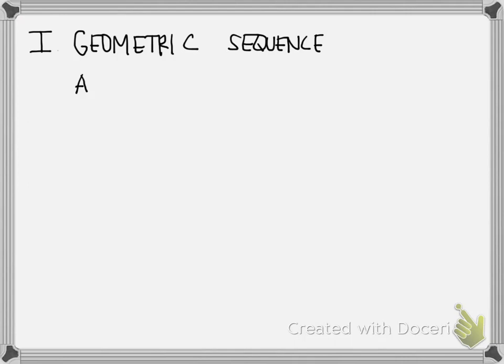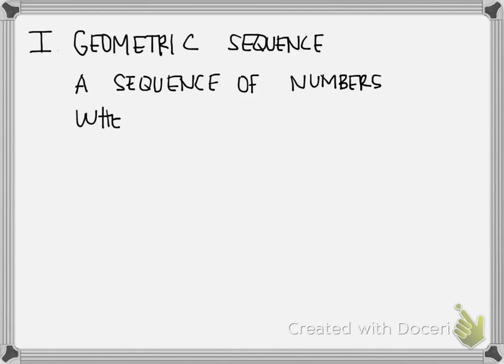A geometric sequence is a sequence of numbers in which the ratio remains constant. And what is a ratio?